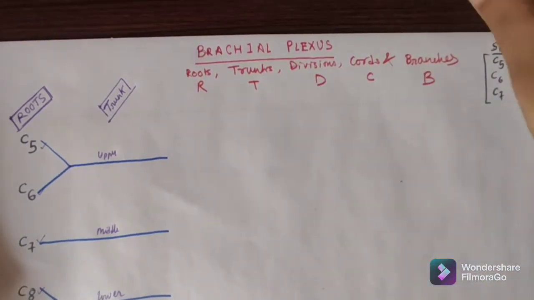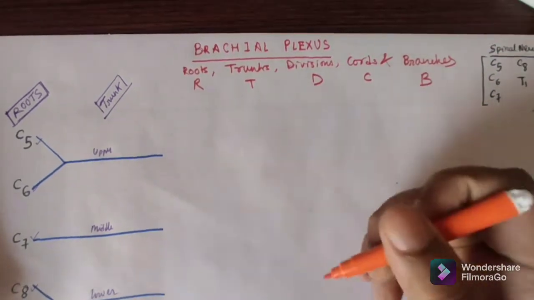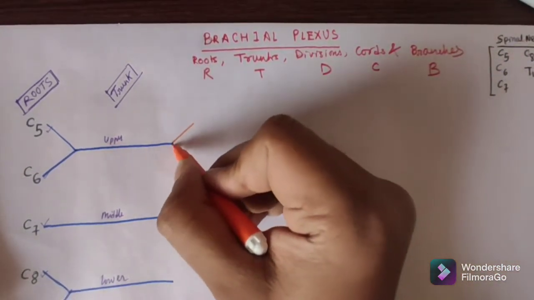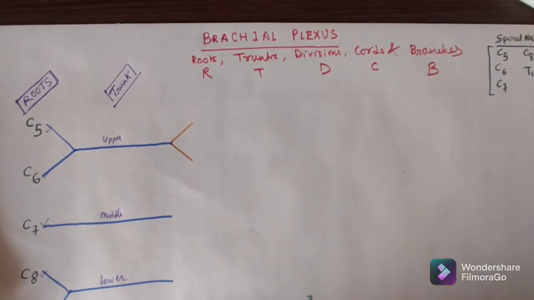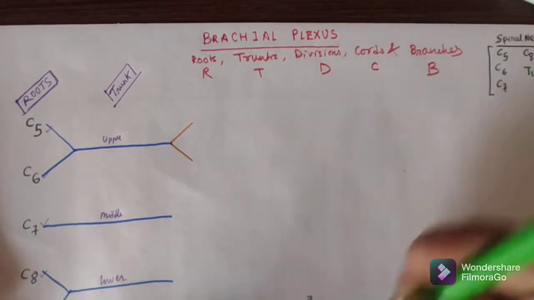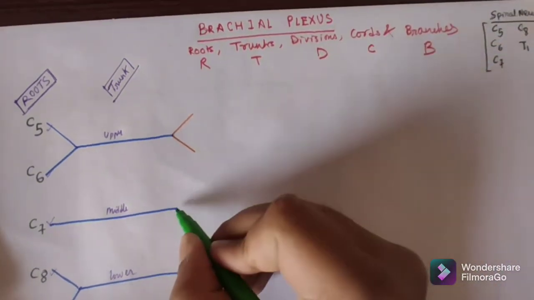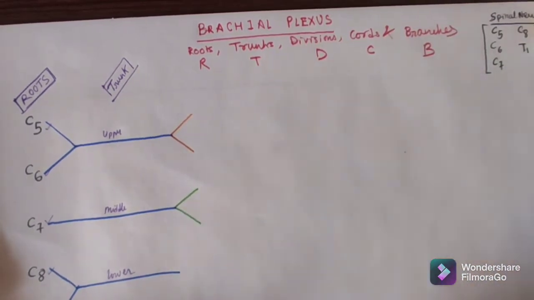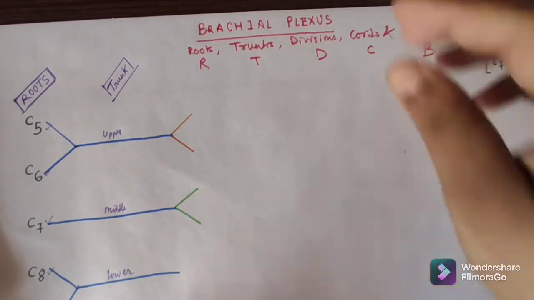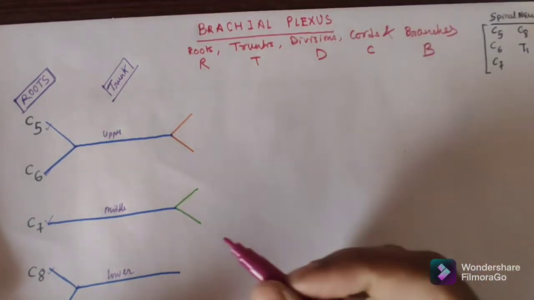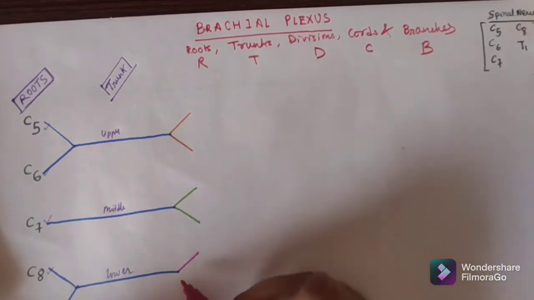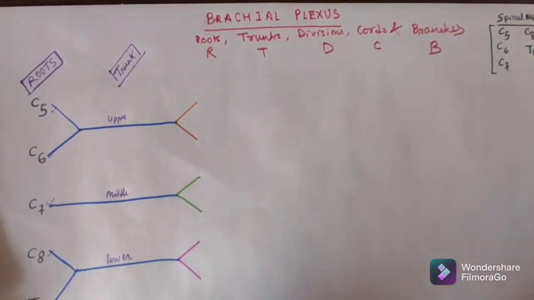So this is the anterior division of the upper trunk and this is the posterior division of the upper trunk. Similarly, this is the anterior division of the middle trunk and this is the posterior division of the middle trunk. This is the anterior division of the lower trunk and this is the posterior division of the lower trunk.